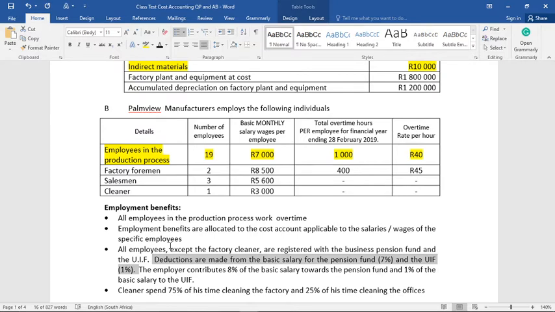We do not have to make any deductions because we want the gross wage. However, we must add on top of the gross salary their contributions. So this sentence says that the employer contributes 8% of the basic salary towards the pension fund and 1% of the basic to the UIF.